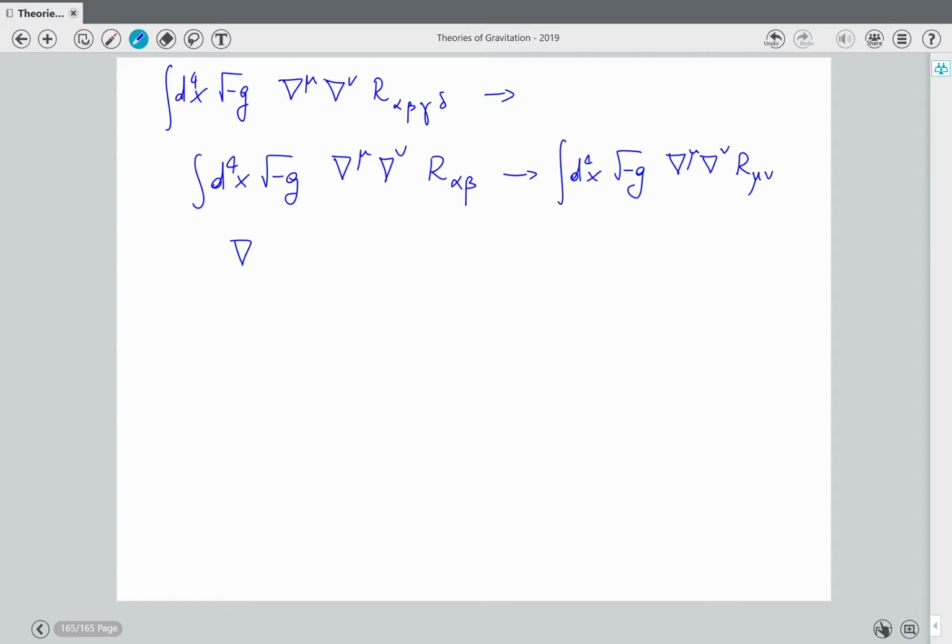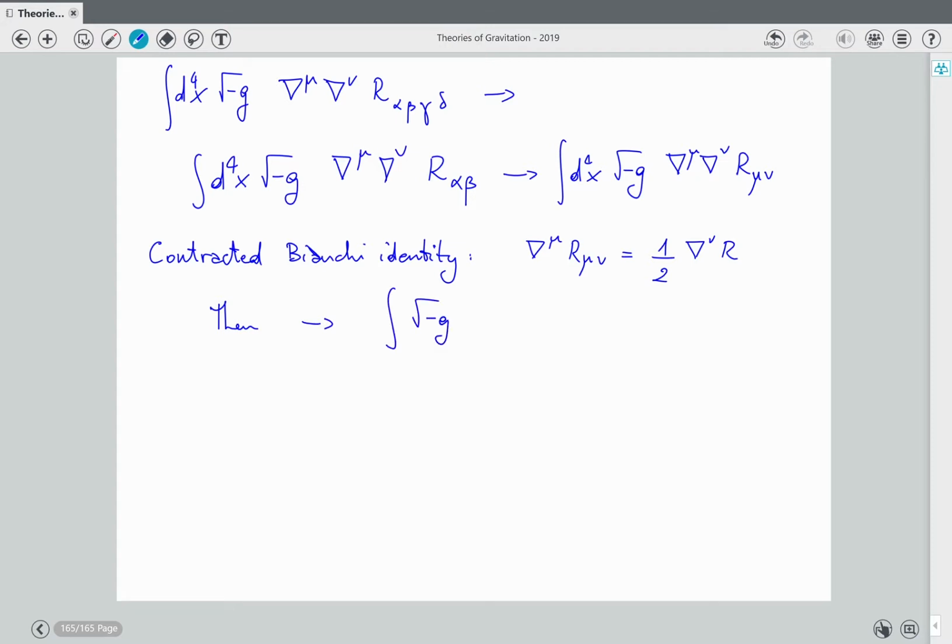But you remember the contracted Bianchi identity, which says that del mu R mu nu is equal to 1/2 del nu R. And so when you use that contracted Bianchi identity that follows from metric compatibility and torsionlessness, which we assume here, then you will get just, apart from a factor 1/2, what we just wrote.